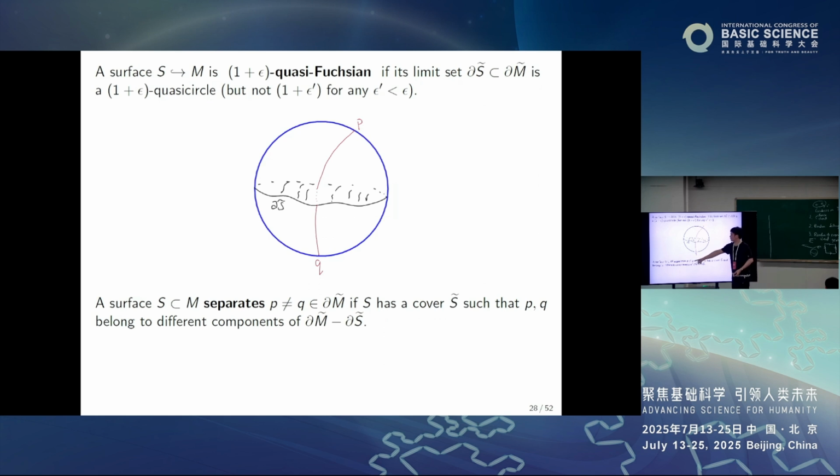And then the separation that I mentioned in the last slide means your surface has a cover which separates any pair of two points. That's called a boundary separation.